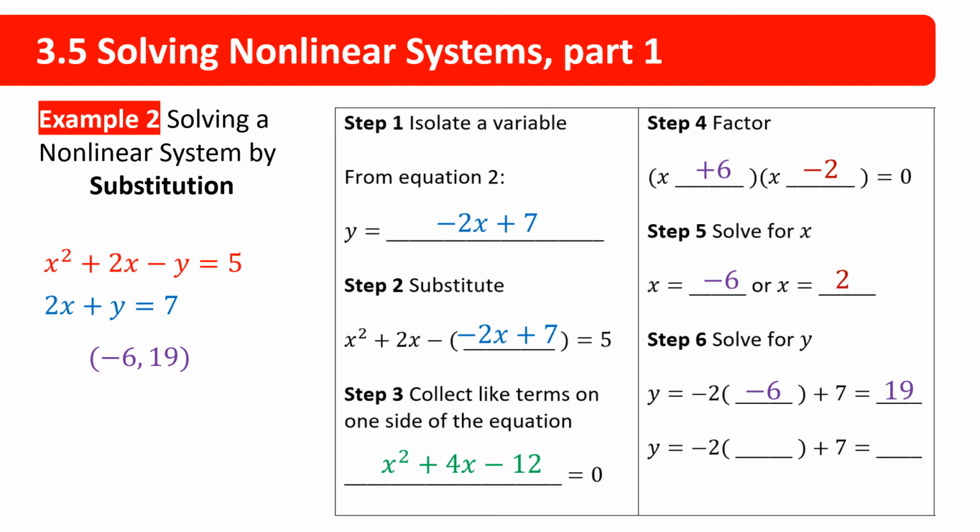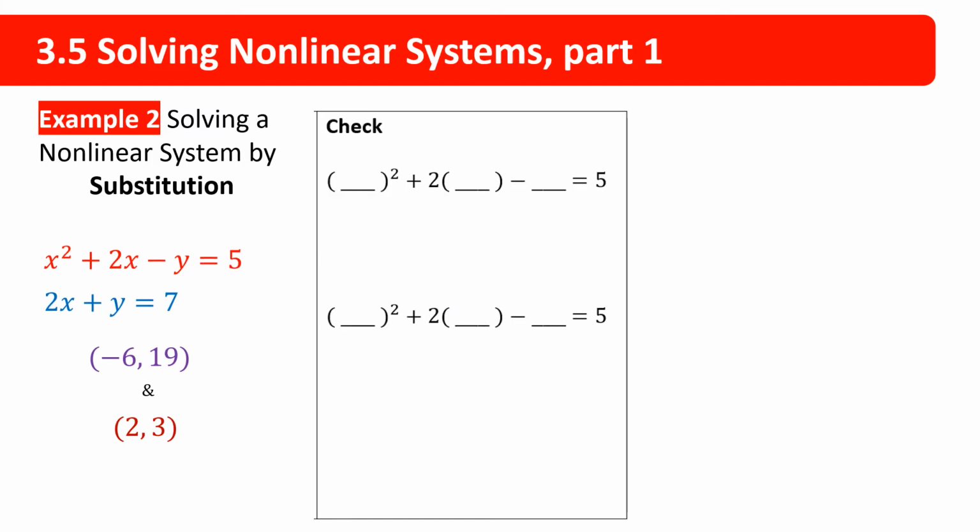If we plug in the 2, negative 2 times 2 is negative 4, and negative 4 plus 7 is 3. So it feels like negative 6, 19 is a point on our graph, and 2, 3 is as well. These are our points of intersection, which are our solutions for this system.